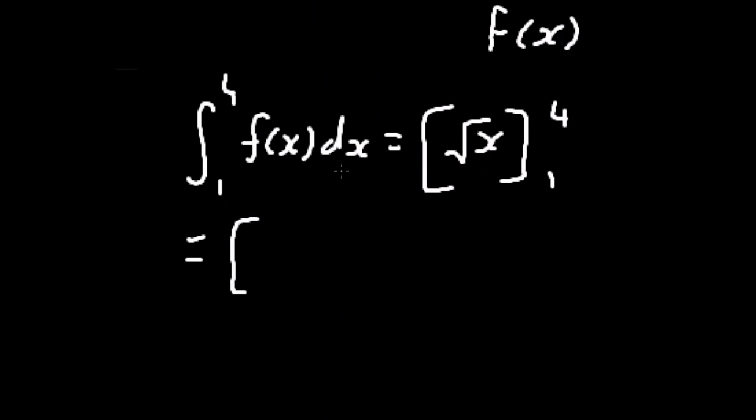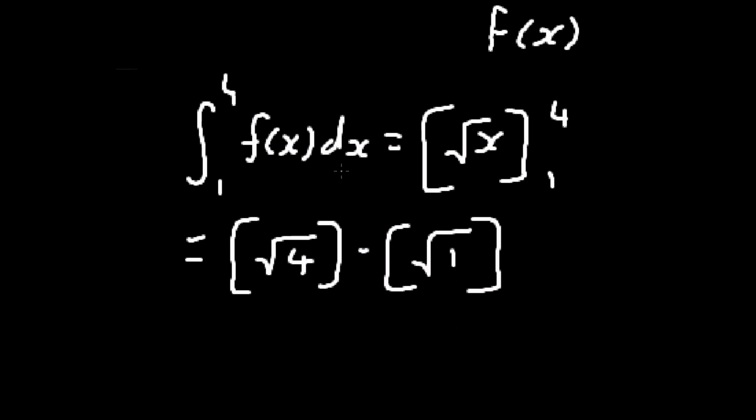I like to keep the square brackets around there, otherwise I'm likely to make mistakes. The square root of 4 minus the square root of 1. Now, the square root of 4. All right, what number times itself is equal to 4? That's just 2. What number times itself is equal to 1? That's just 1. And so all of that is just equal to 1. And that is your answer. That's it. Easy as that.